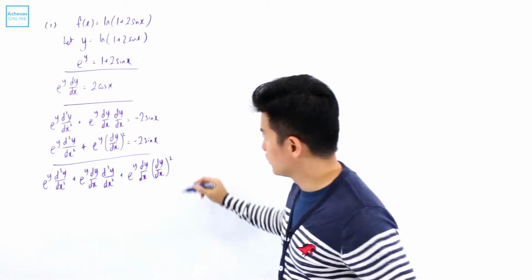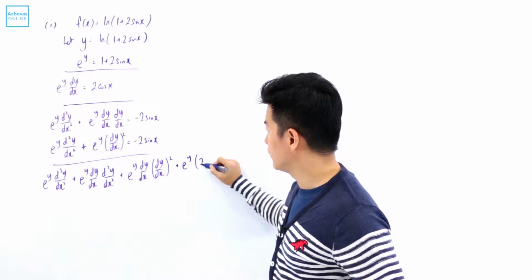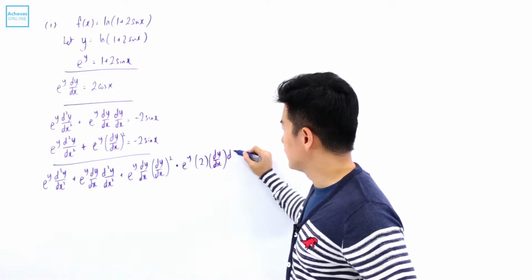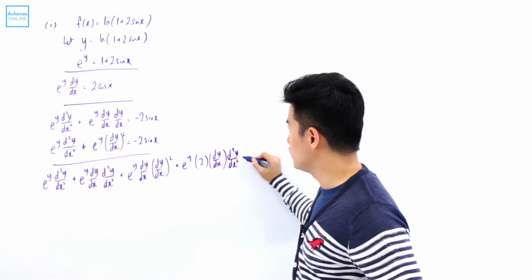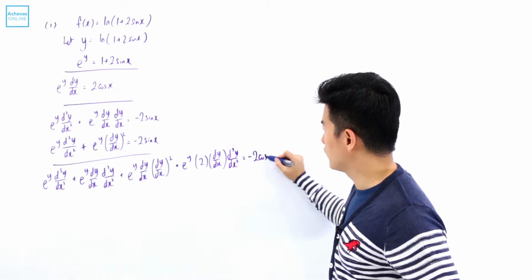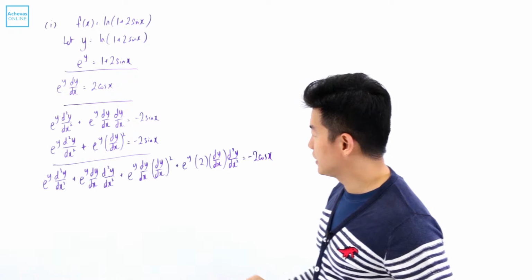Then I'm going to differentiate this, which is e to the power of y of 2 of dy/dx to the power of 1, and differentiating using chain rule, this is going to be equal to minus 2 of cosine x. This and this, I can actually combine together.